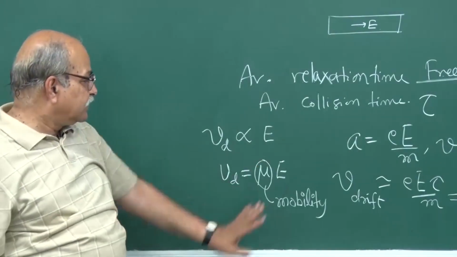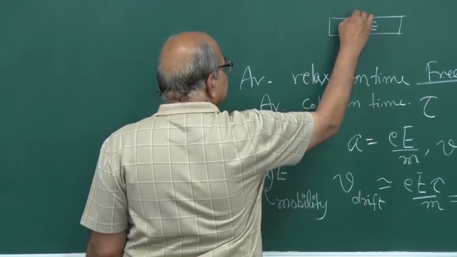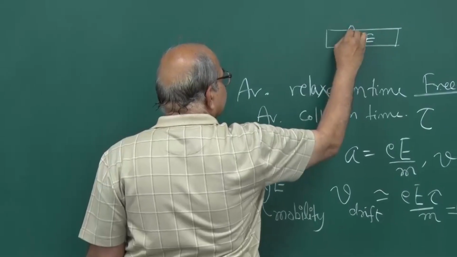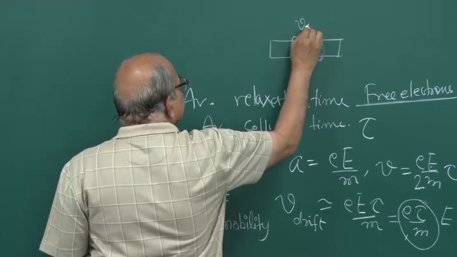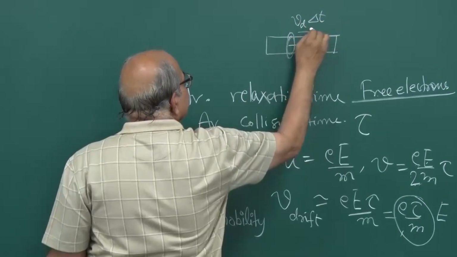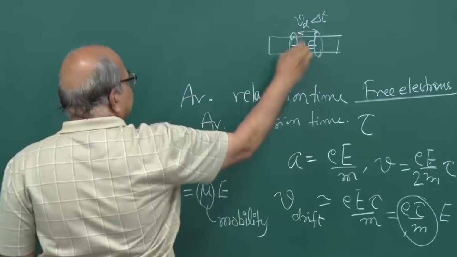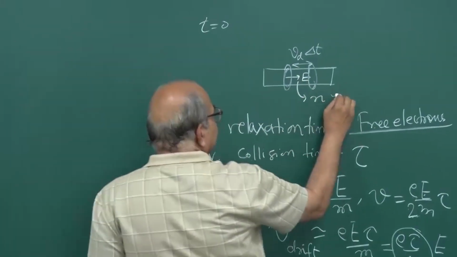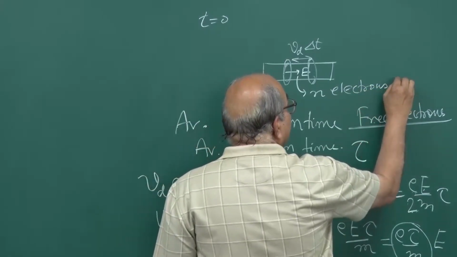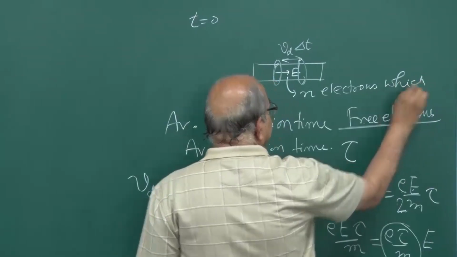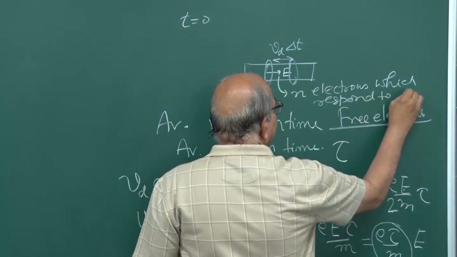Then you can work out that if you take some cross section here, and then take another cross section here, with this length as Vd times delta t, then at t equal to 0, suppose there are n electrons which respond to the E field.